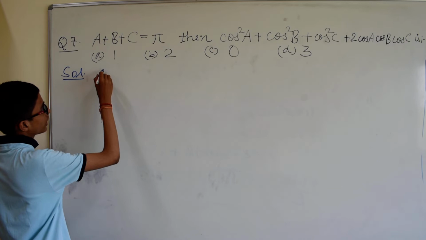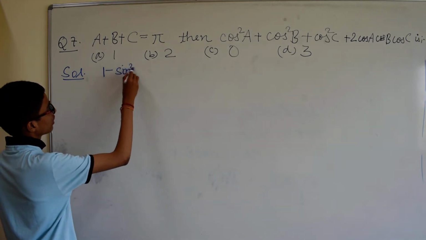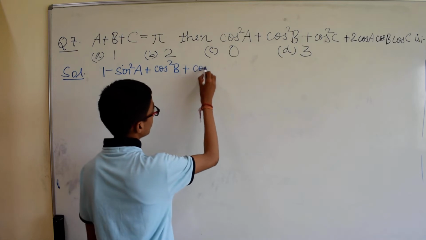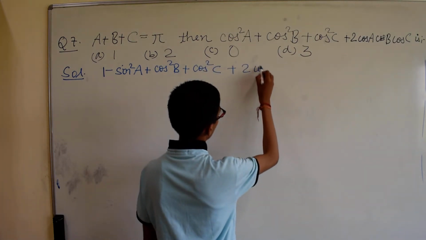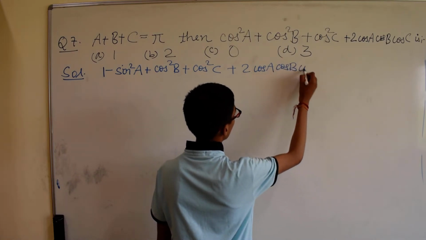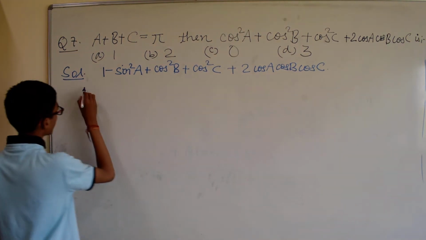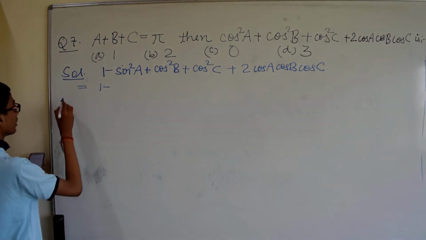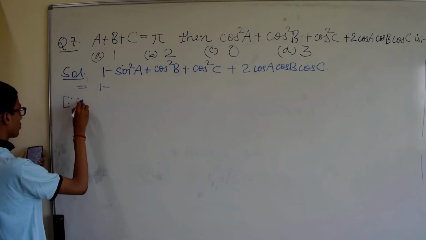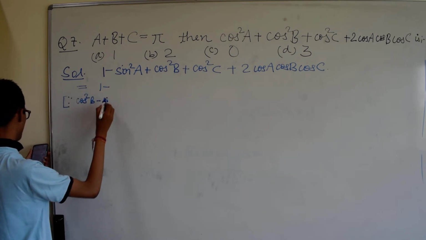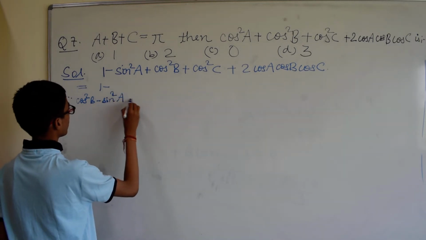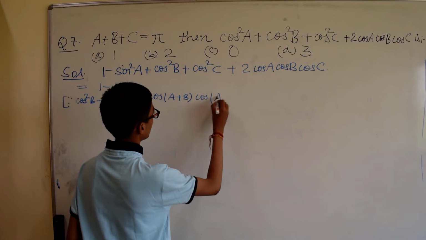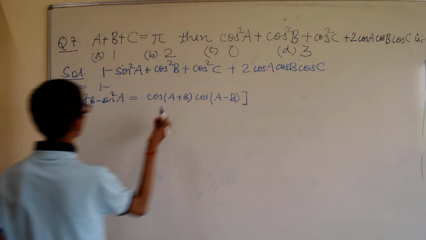We write cos square A as 1 minus sin square A, plus cos square B, plus cos square C, plus 2 cos A cos B cos C. Now we know that cos square B minus sin square A is equal to cos A plus B times cos A minus B. This is an identity which is used in many questions.